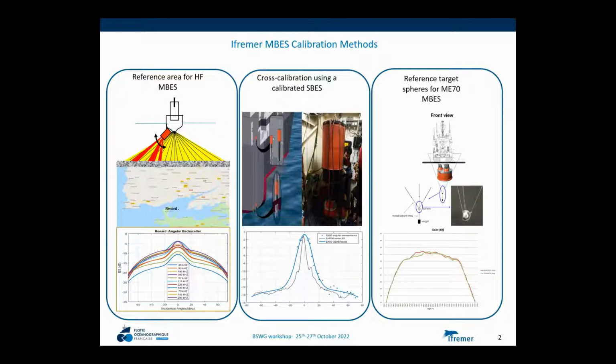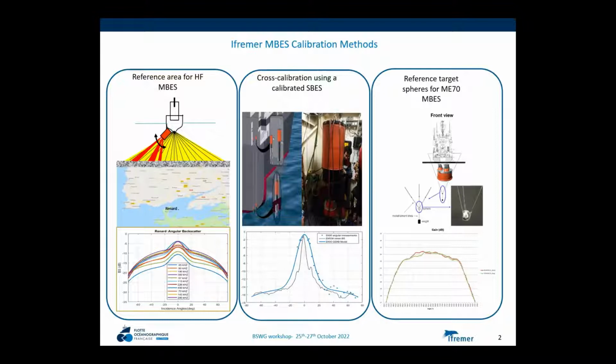The second way, we use it for low frequency systems. Here is an example that we did a few years ago for the EM304. On board the Thalassa, we also used an EK80 system at 38 kilohertz, in a flat, homogeneous area at about 800 meters.